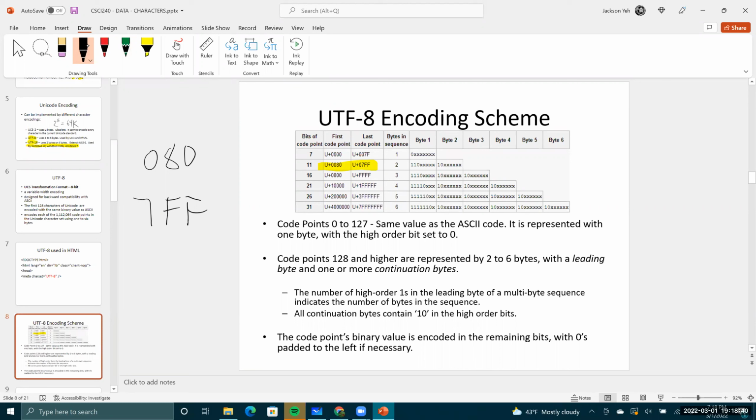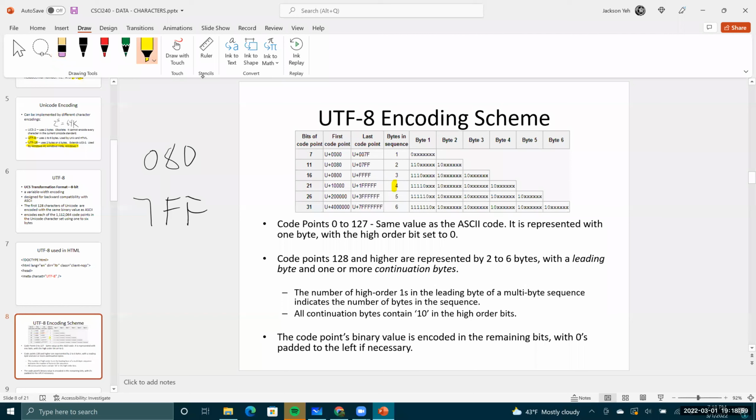Anything in between will fall in that range. So the key when you get a code point is to figure out which range it fits. There's only going to be one of 6 ranges. Where does the number fit? And once you do that, you know exactly how many bytes there are.